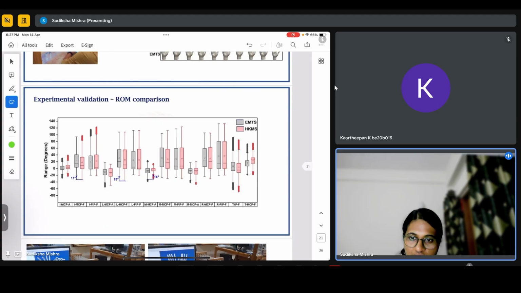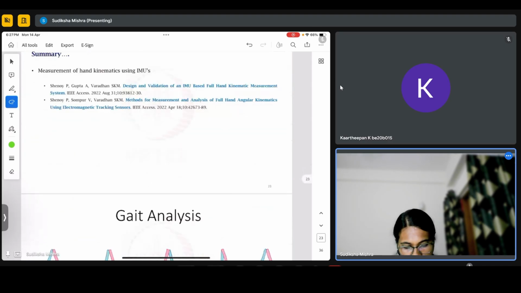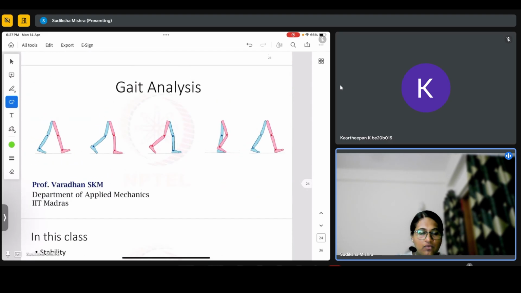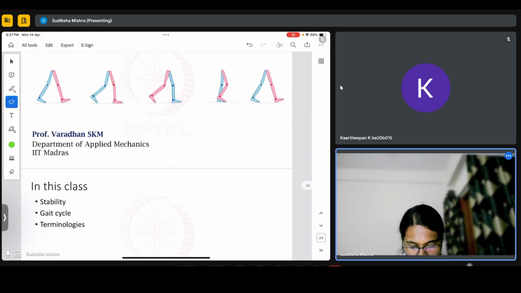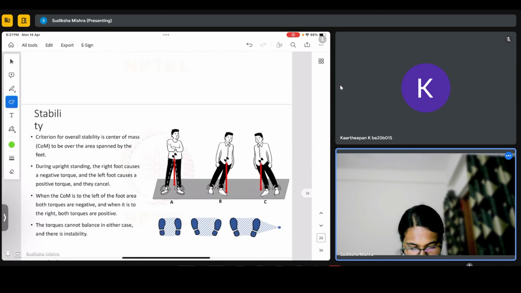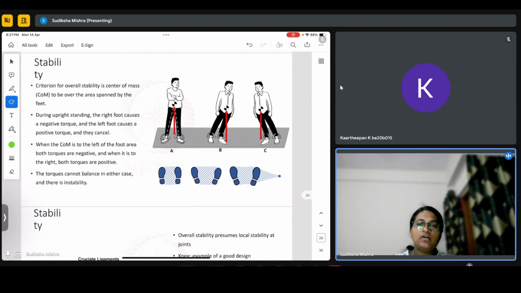So, if not better, the new system was able to adapt to the current standards of measurements. Okay. Now coming to gait analysis.